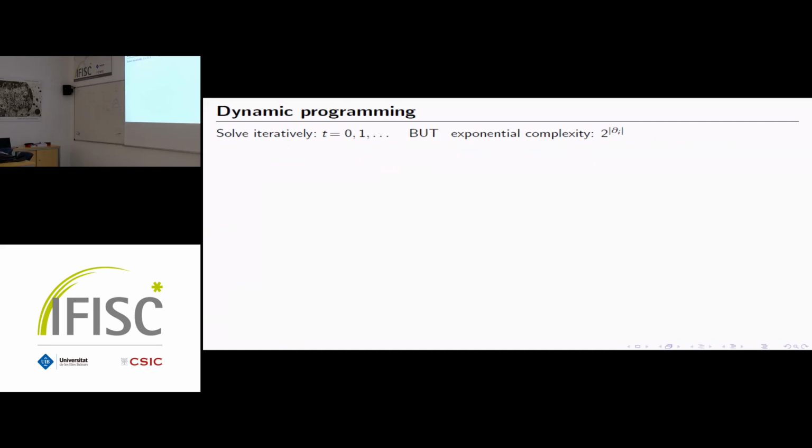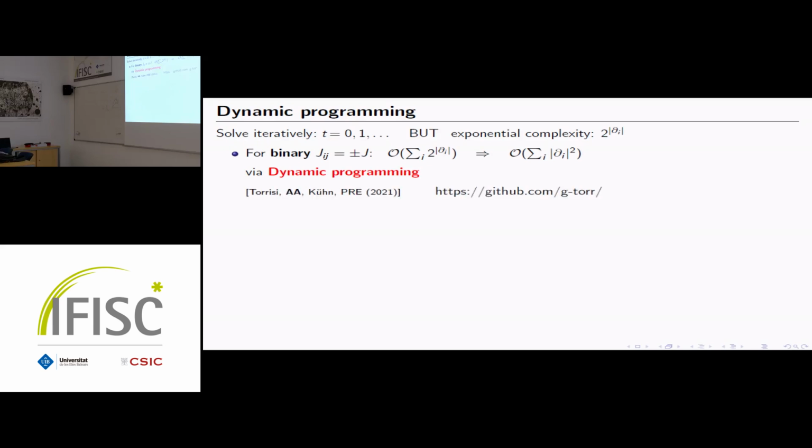It's still a computationally demanding task. So what we showed in recent work is that this complexity can actually be drastically reduced from exponential to polynomial for graphs where the interactions are binary, plus or minus J, by dynamic programming techniques. I don't have the time to fully explain the method. The details are in this paper, and the code is on GitHub.